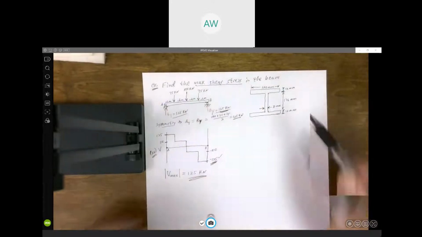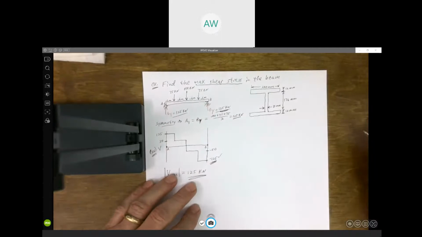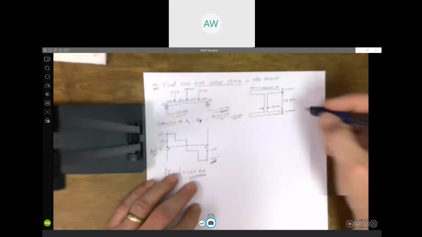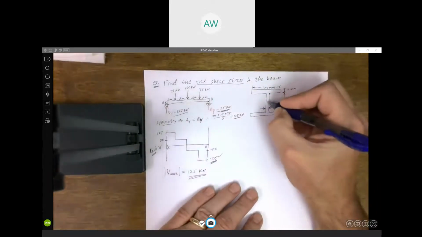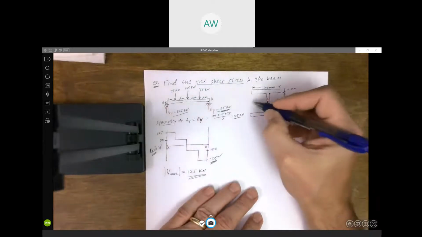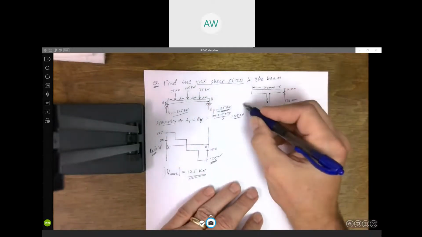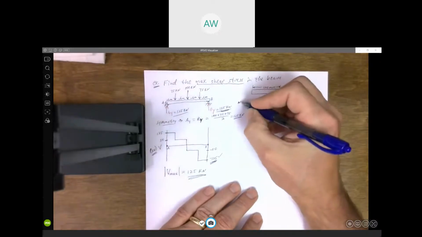So if you come back and look at our cross section here, again, we can make use of symmetry. I know this is a nice symmetric area. The centroid is going to be right in the middle, halfway. I can draw a horizontal line here. That's where my neutral axis is.